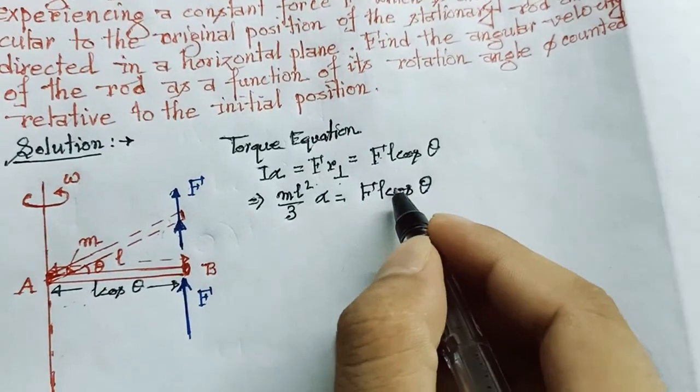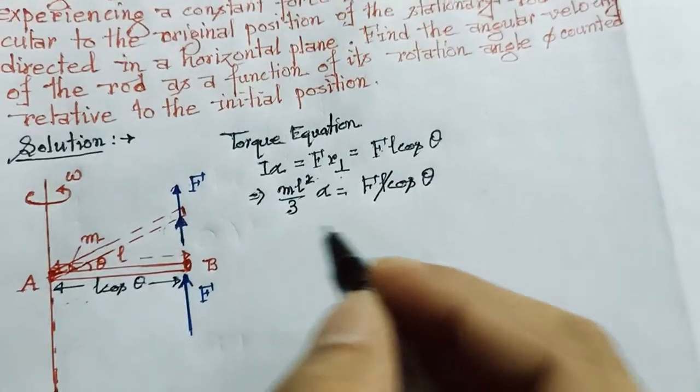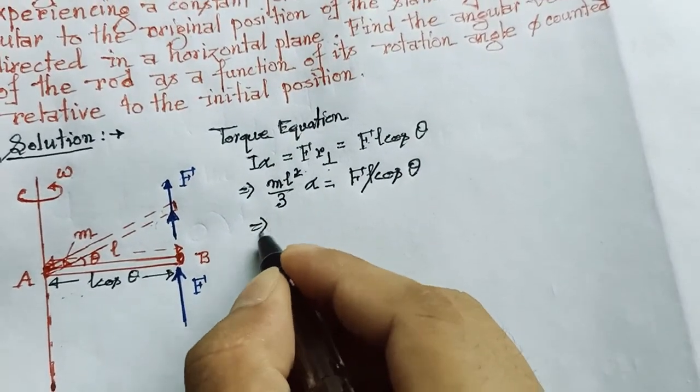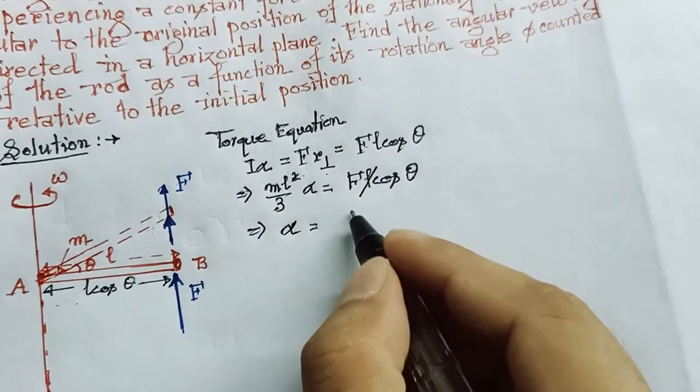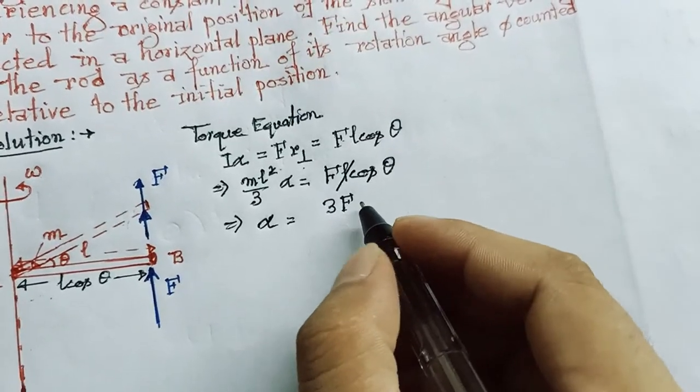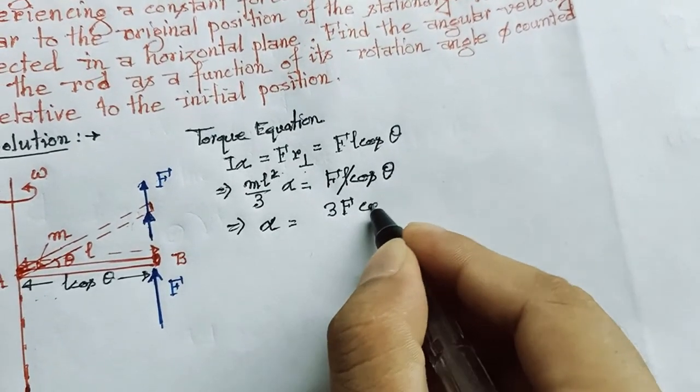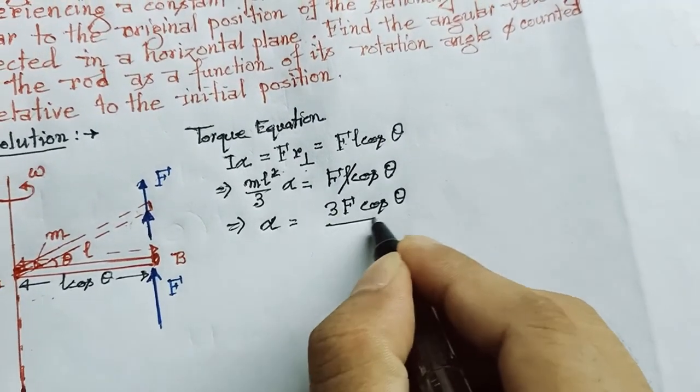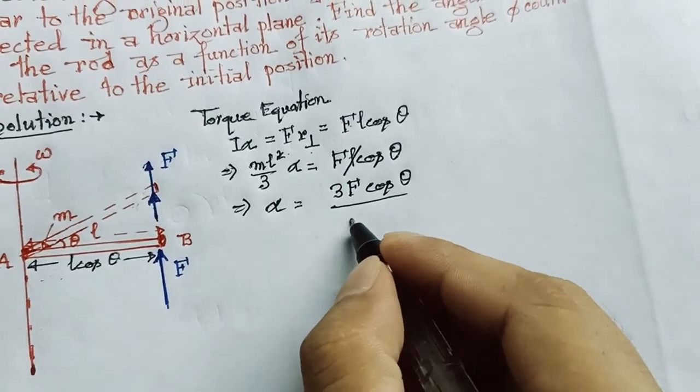So now we can cancel L from this term. After that we find alpha will be equal to 3F cos theta divided by mL.